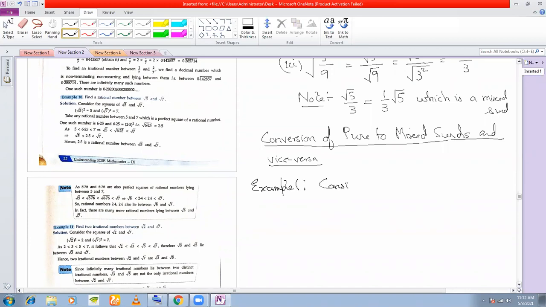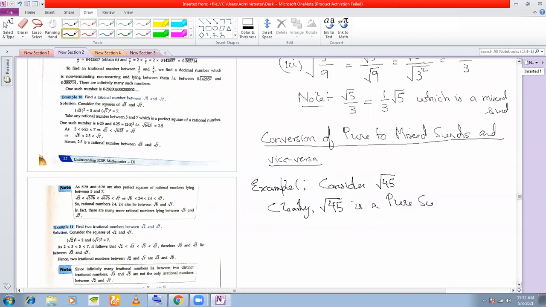consider square root 45. What kind of a surd is this? This is a pure surd, right? Because you don't have any rational number attached to square root 45. So clearly square root 45 is a pure surd.